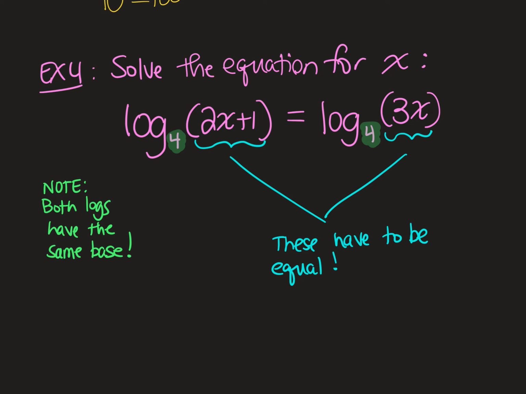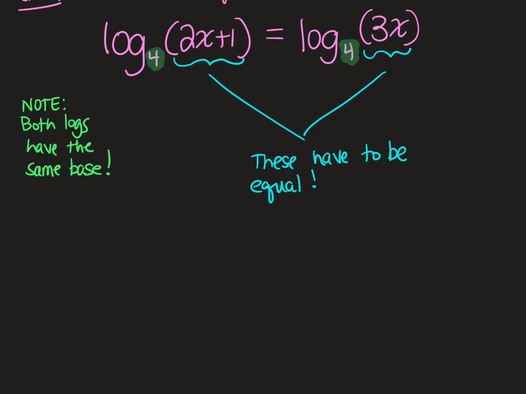That gives us a really easy way to set up an equation that I should be able to solve pretty easily here. So I can say, all right, then 2x plus 1 has to be equal to 3x. That's an easy equation. It's just a linear equation. Subtract 2x from both sides, and I get x equals 1.